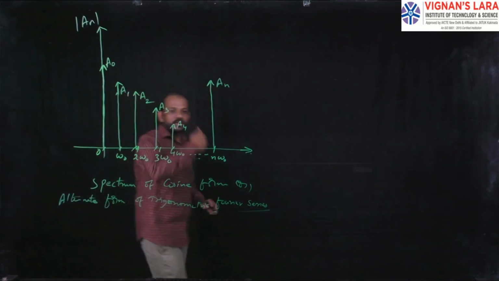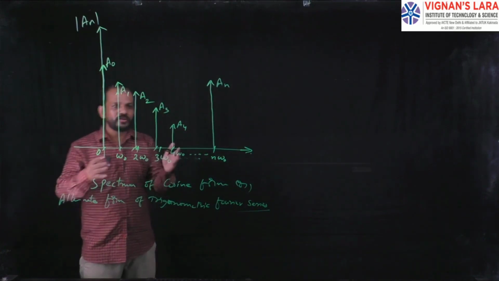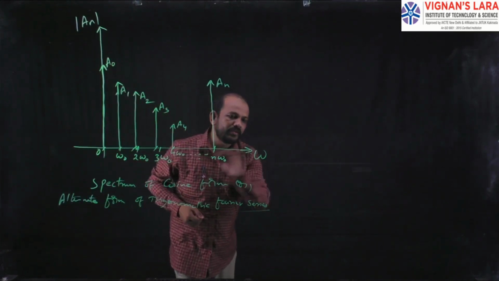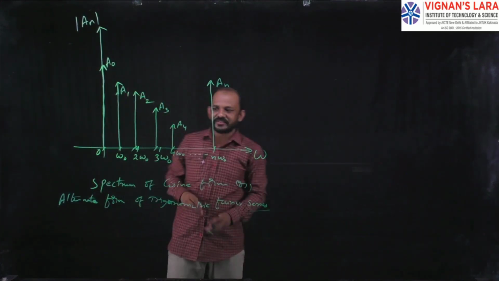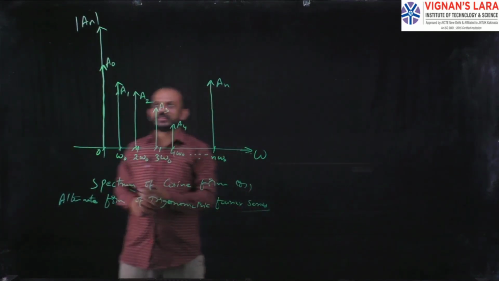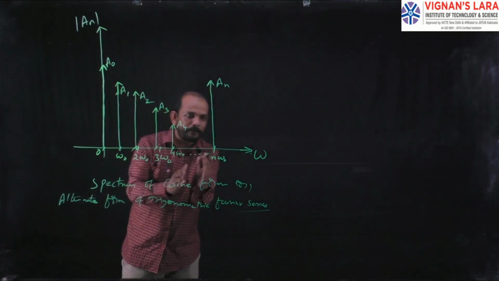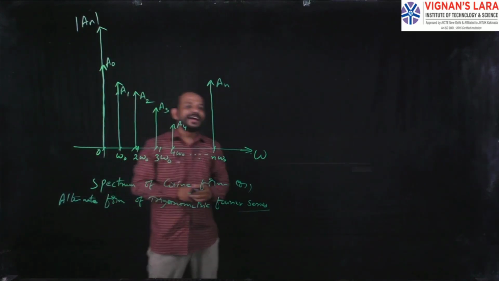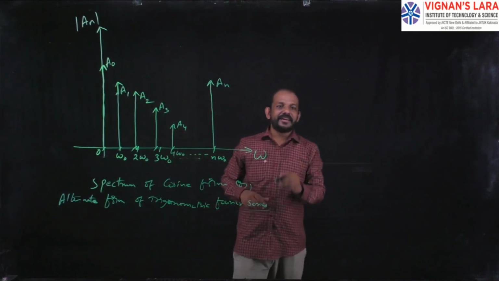So simply we plot the amplitude of these Fourier coefficients with respect to the frequency omega, the Fourier coefficients versus frequency. Hence it is the spectrum of the cosine form of trigonometric Fourier series. See, this has the Fourier coefficients only for positive frequencies: omega naught, 2 omega naught, 3 omega naught, 4 omega naught. Hence this type of spectrum is called a single-sided spectrum.